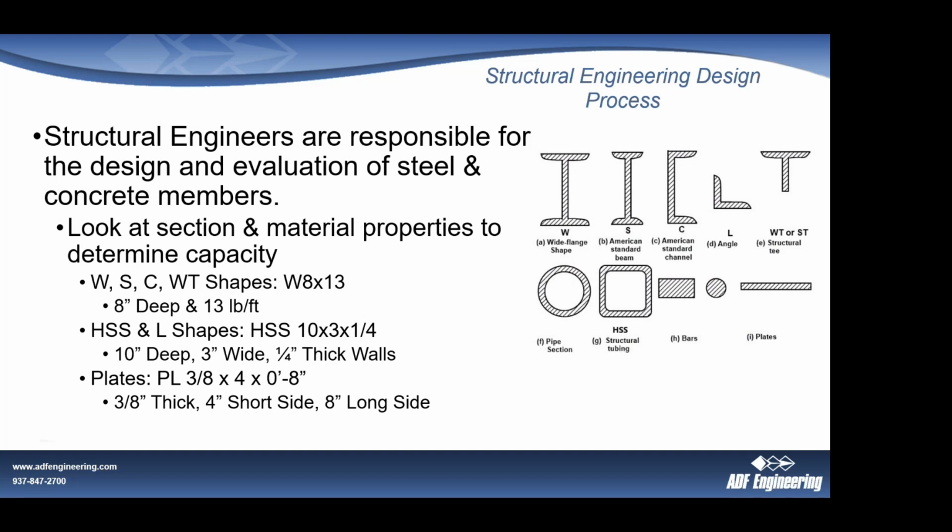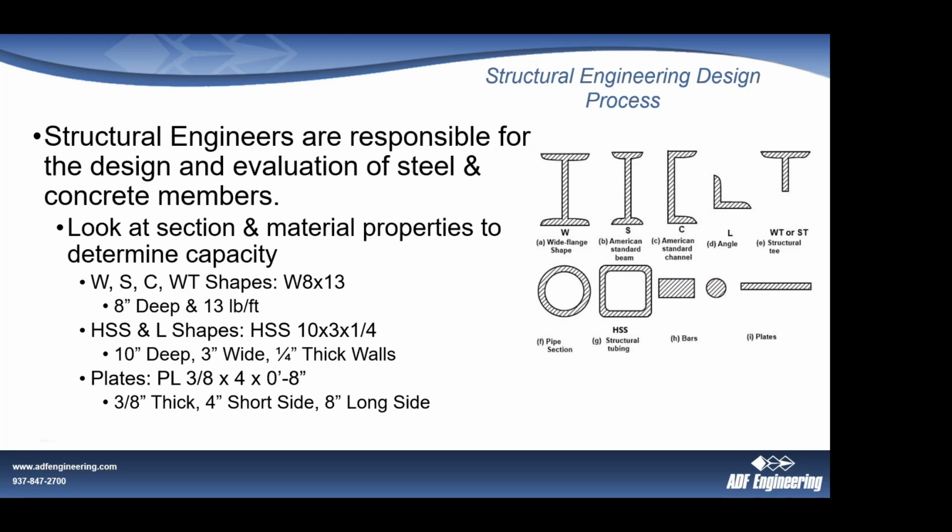Those are usually labeled by two numbers. The first is the depth, or height, of the section, and the second number is always the weight per foot. So that makes that a little clearer.